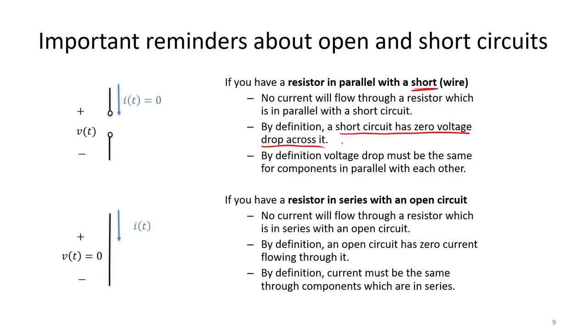Similarly, if you have a resistor or something else in series with an open circuit, remember that an open circuit by definition has 0 current flowing through it. So if you have anything in series with an open circuit, you're going to have 0 current through that part of your circuit. Definitely don't be afraid to draw pictures and stick figures and arrows as needed in order to recognize how your current is flowing. It's very important to know how to treat circuits when you have open and short components.